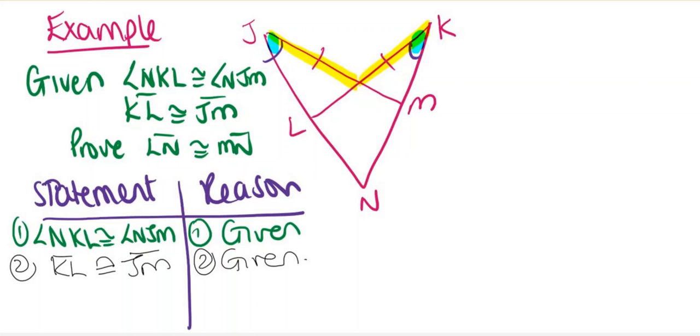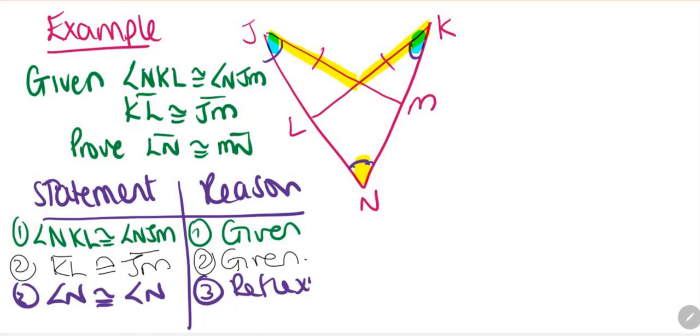So the next thing, angle N. So this is all equal. So angle N is congruent with angle N, and this is the reflexive property.